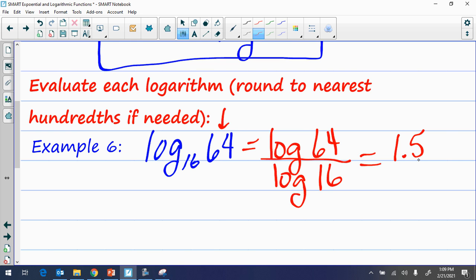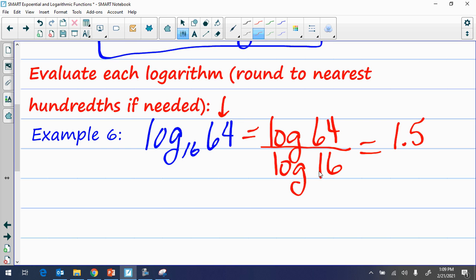Now I could have solved this one without my calculator by going 16 to the y equals 64 and then putting them both to a base of 2. That's why I get a number that doesn't have to be rounded.